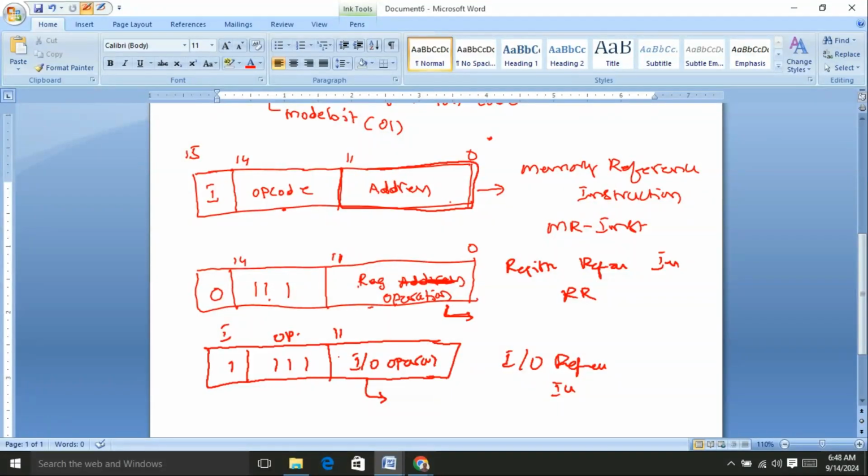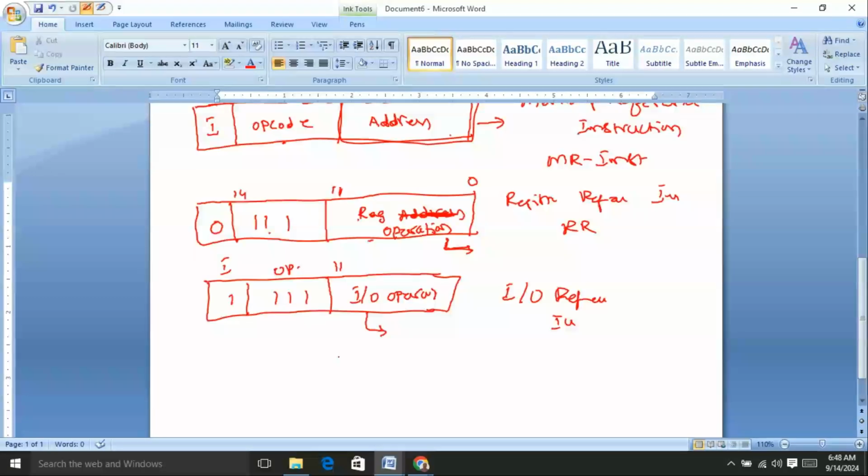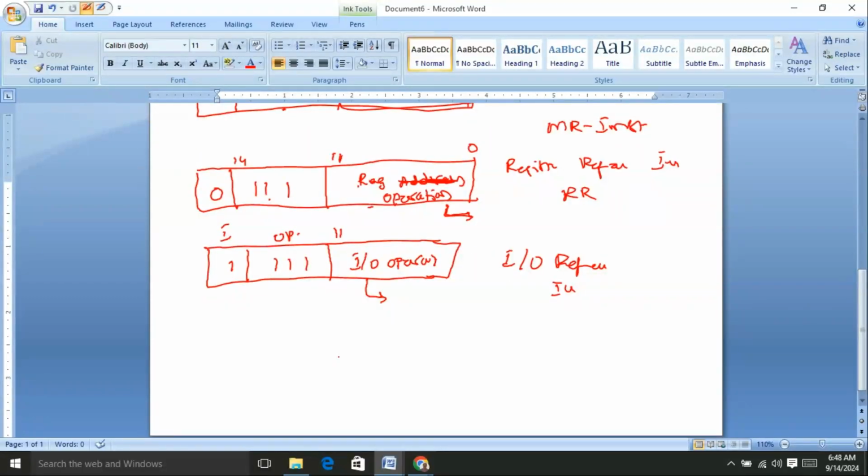So hence we are going to consider the operations performed by the memory reference instruction. Suppose the opcode value is 000, for example this is addition, 001 is subtraction, and 010 may be multiplication, and the opcode values go up to 110.